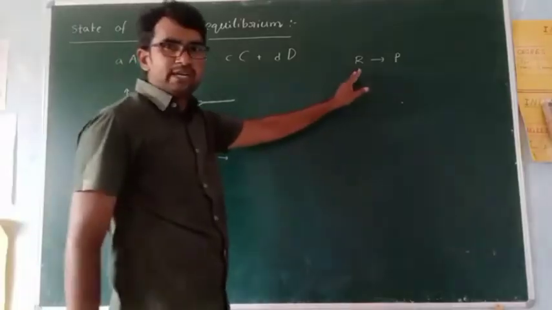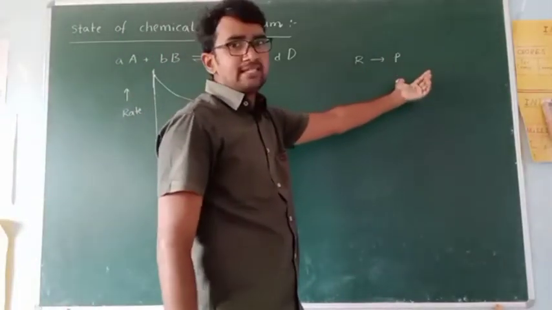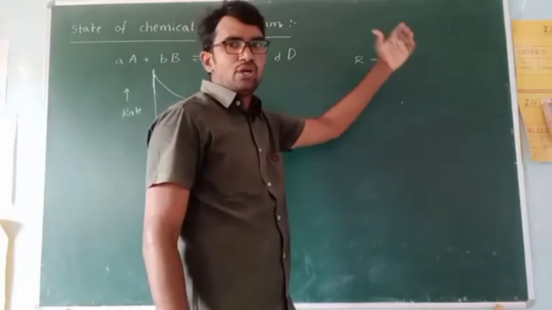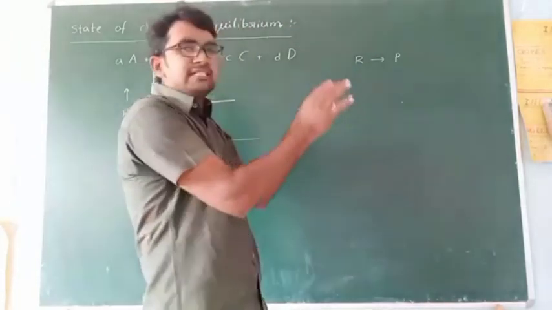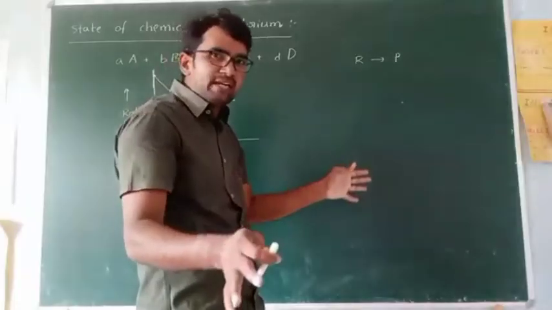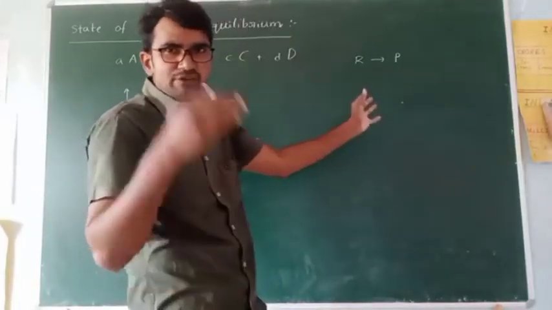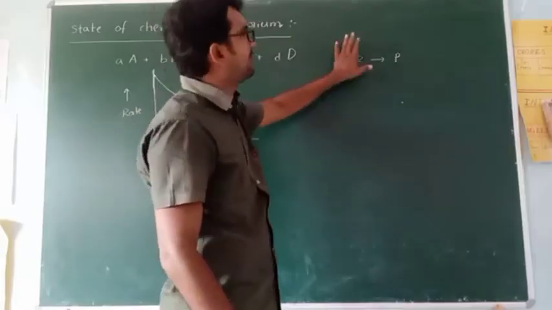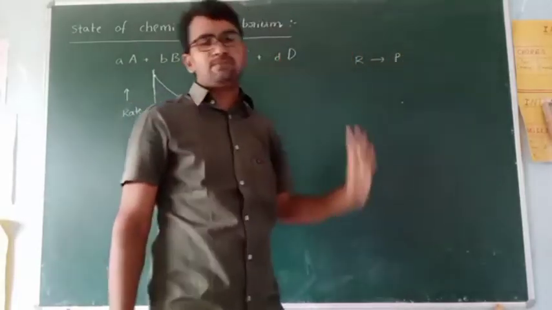In an irreversible reaction, the concentration of the reactants decreases while the concentration of products increases. After some time, say half an hour or 1 hour, the reaction is completed. For example, if half an hour is enough for completing this reaction, after half an hour there is no concentration of reactants, only products are present.